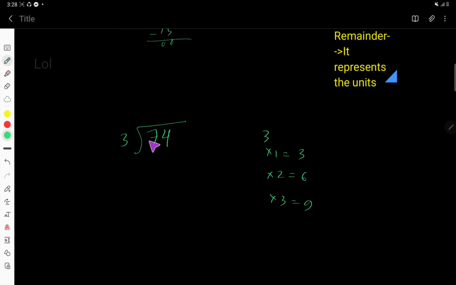If we consider 9, which is greater, we have to stop here. 2 times, write 2. And 2 times 3, that is 6.